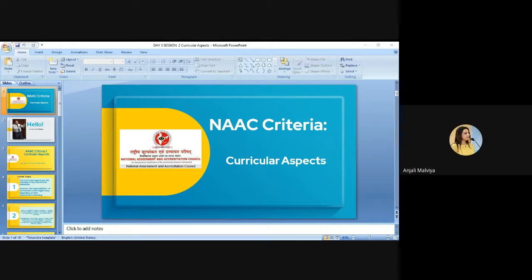So you must have a student from outside the district, outside the state, or a different language student, so that a cosmopolitan atmosphere can be created in the institution. So this is the basic idea. And if I am not able to get students, at least I must show that I am sincerely trying to achieve that.